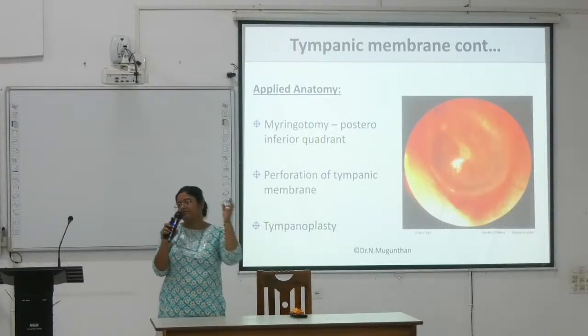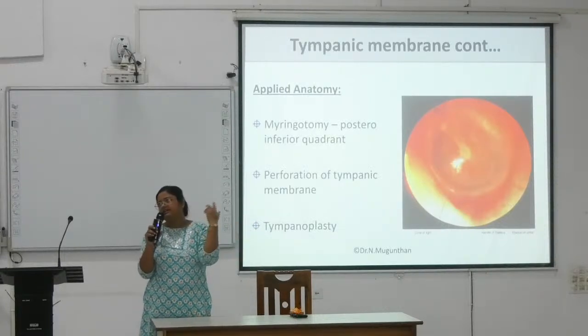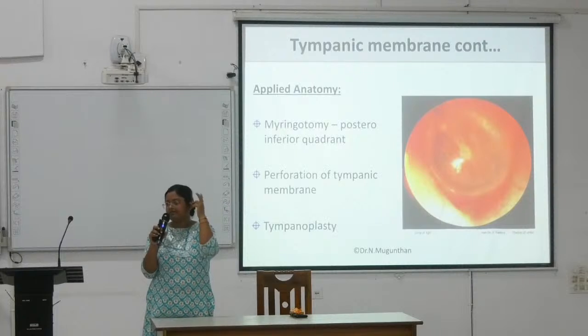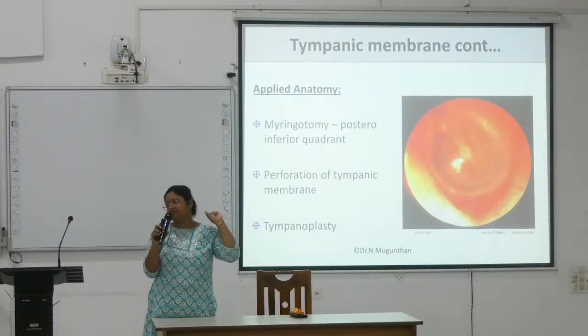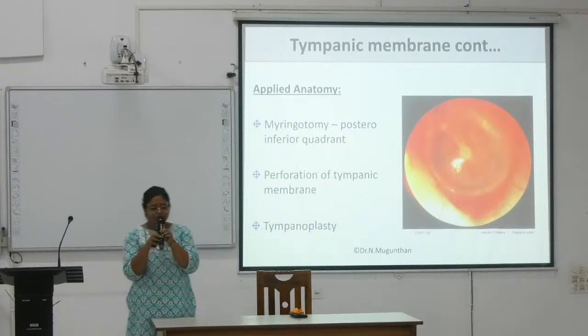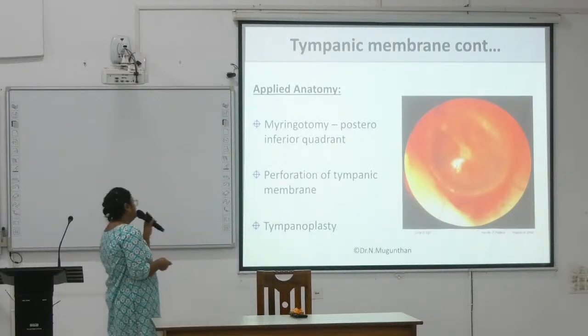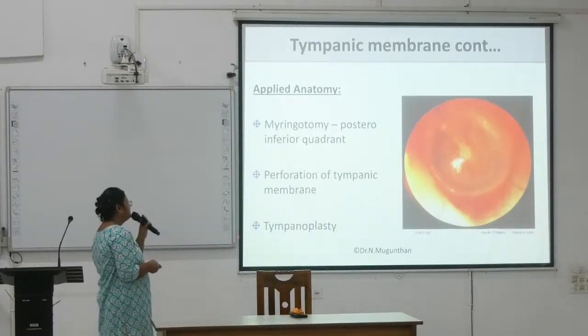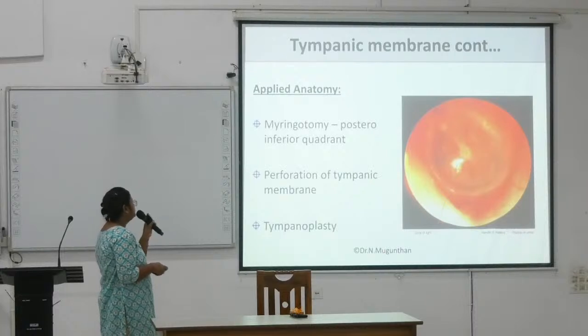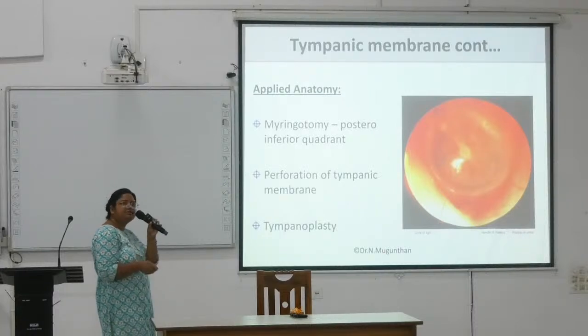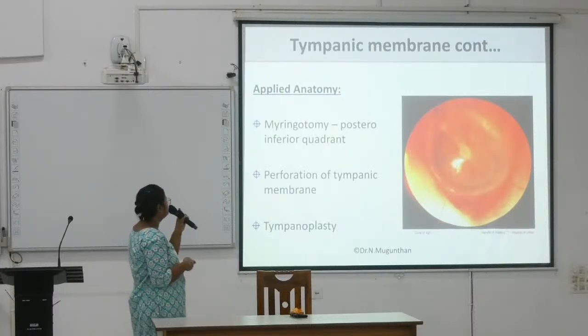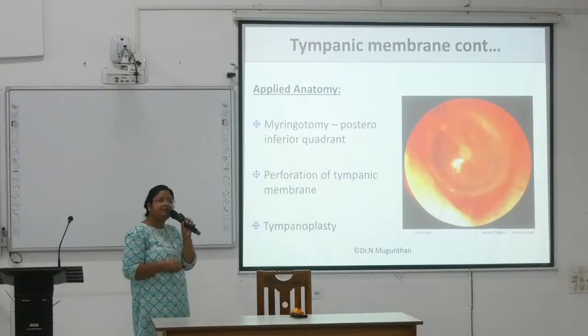This is taken because it is near the ear, and it is a good graft material for the tympanic membrane. So the temporal fascia is taken and placed at the position of the tympanic membrane. This operation is known as tympanoplasty. It is done in perforation of the tympanic membrane.